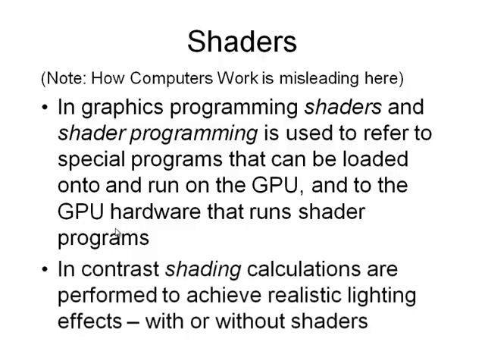In contrast, shading calculations are performed to achieve realistic lighting effects, and that's with or without shaders. So there's a big distinction in graphics programming between shaders and shading. Shading is doing lighting calculations. Shaders are the programmable hardware on graphics processors and the programs that you use with those.